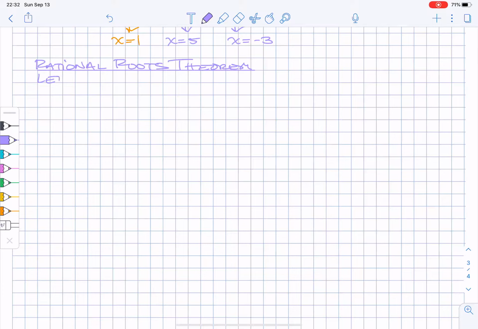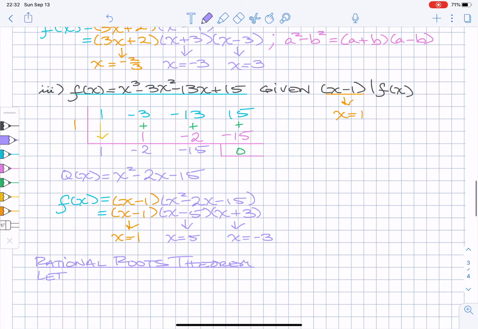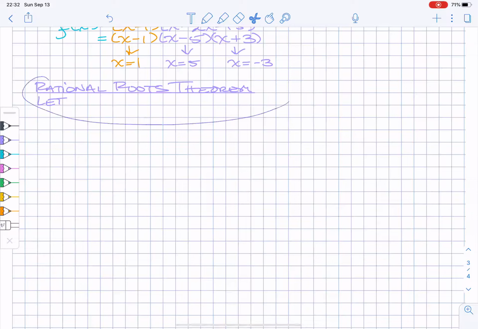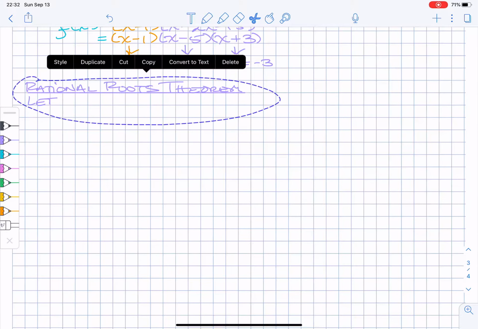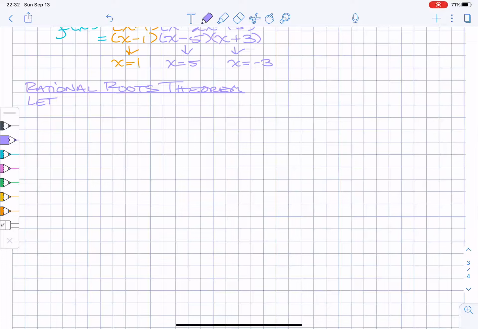Let f of x be equal to a sub n, x to the n, plus dot dot dot, plus a1, x to the first, plus a sub 0, be a polynomial such that the a sub i's are integers for all i.